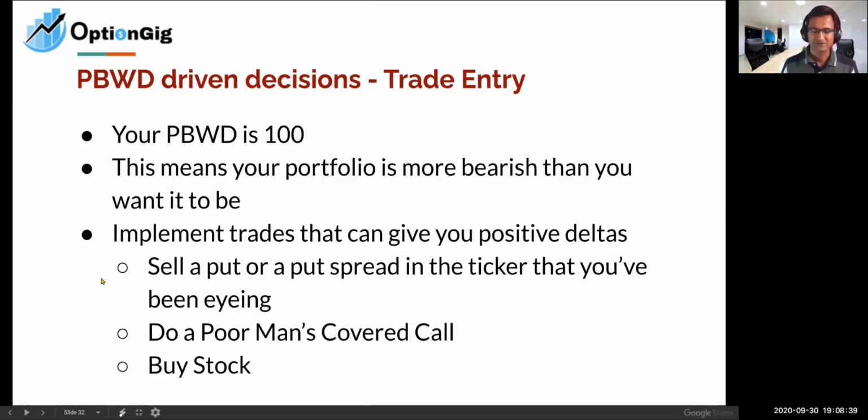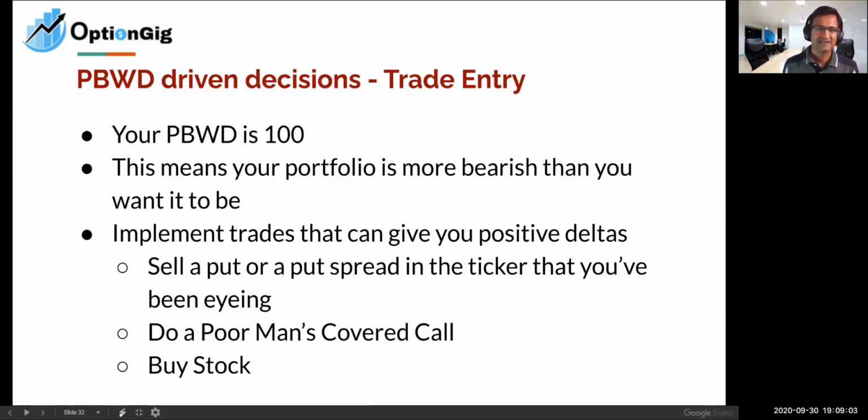Because I have done both. I started with shorting SPY to get negative deltas. Then I realized the market is not going down. The market is going up, but I'm not being paid for my time value. So I'm like, what? I'm buying back the short stock. I'm selling calls. At least I want to get paid for the time value.